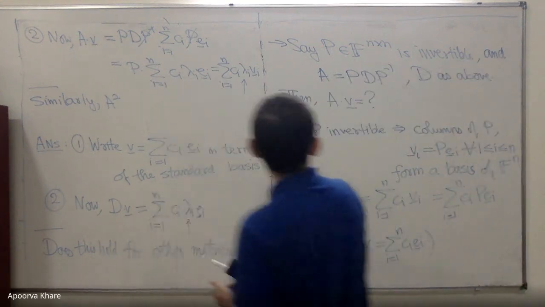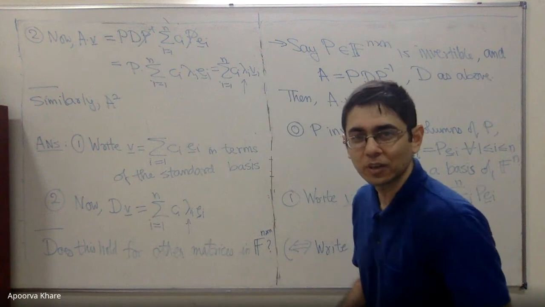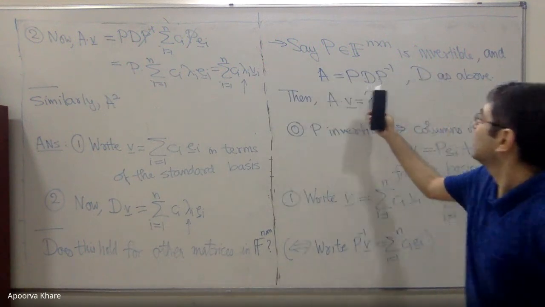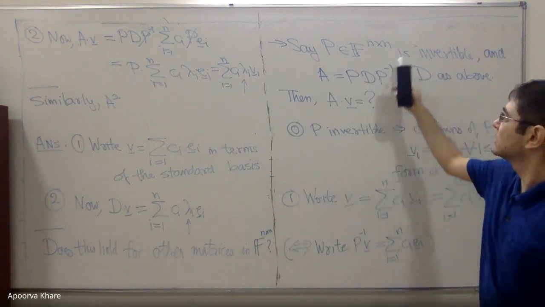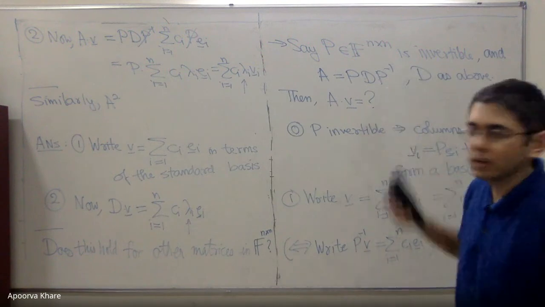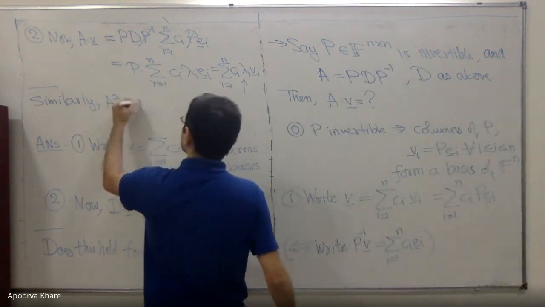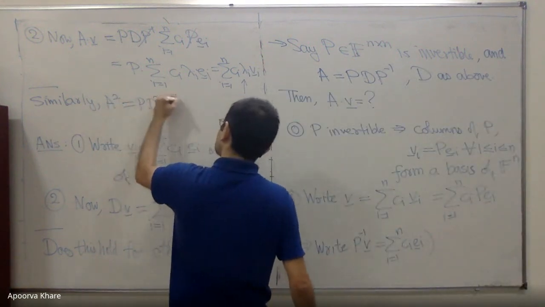What is A squared? First of all, if you remember your midterm, A squared is P D P inverse times P D P inverse. The P inverse and P cancel in the middle. You get P times D squared times P inverse.